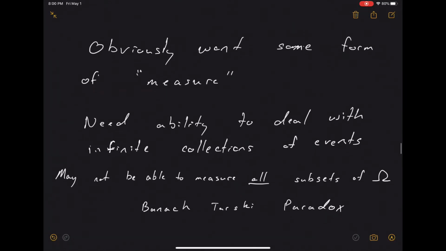And the key premise here, as I stated a minute ago, is that we might not be able to measure all subsets of omega. If you've studied real analysis, we know that, and I've actually made a video on this on the channel, why we need measure theory. If we admit the axiom of choice, it can lead to some very paradoxical results, like the Banach-Tarski paradox, where we can decompose a sphere into some pieces and rearrange them and get two identical copies of our original sphere, which just totally throws our intuition out the window.